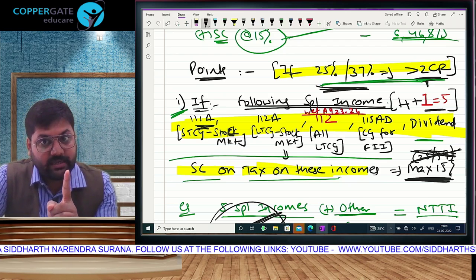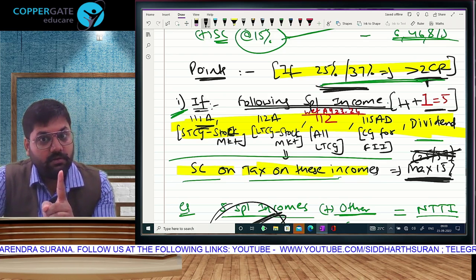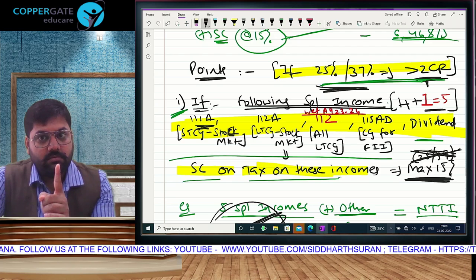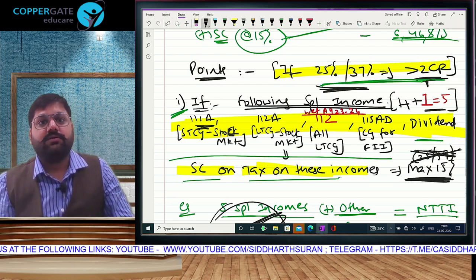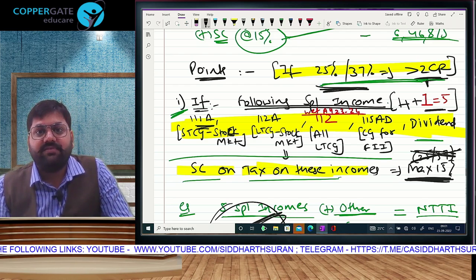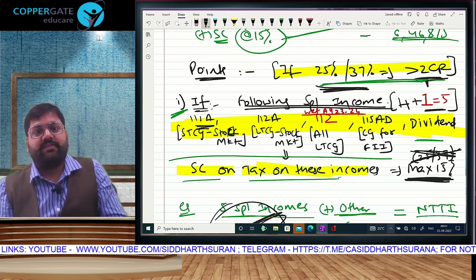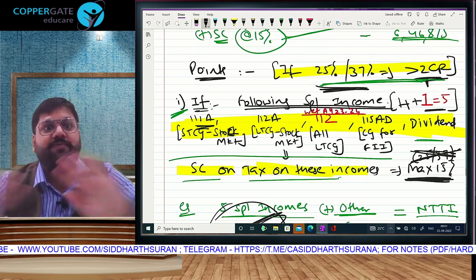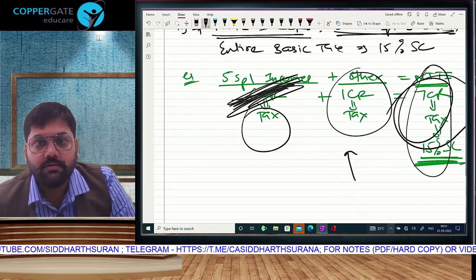Whatever we are discussing is only for 25 and 37. This discussion is applicable only to those assessees who fall in 25 and 37. We have to decide whether 25 and 37 is applicable or not. 15 is fixed. You will never go below 15. Have you crossed 1 crore rupees?